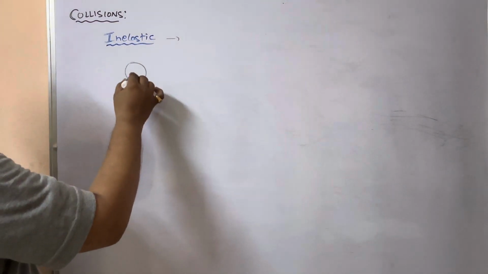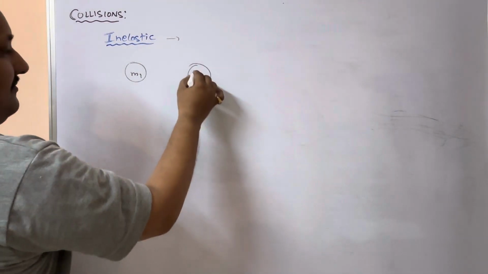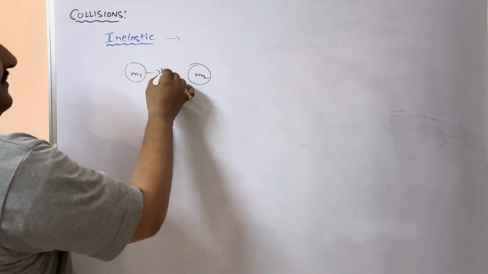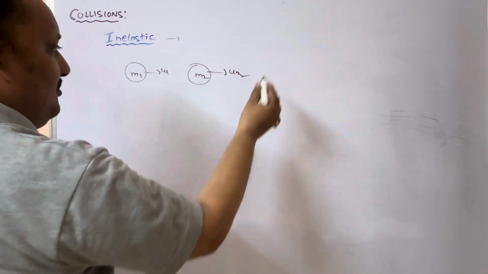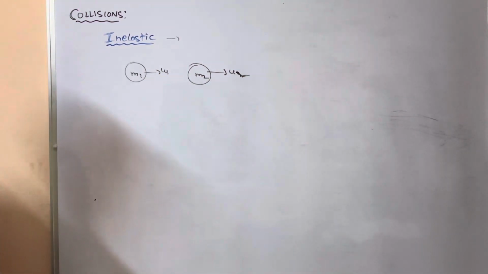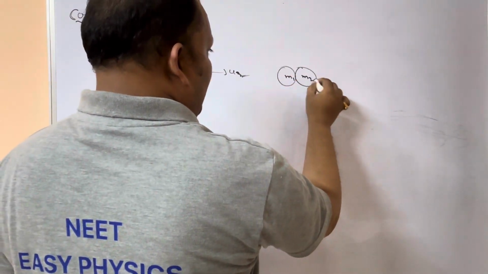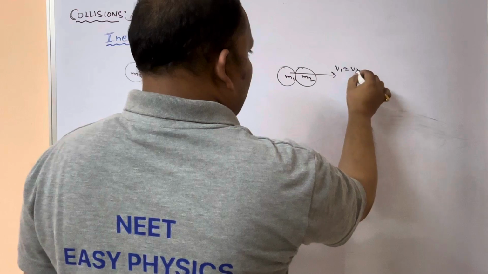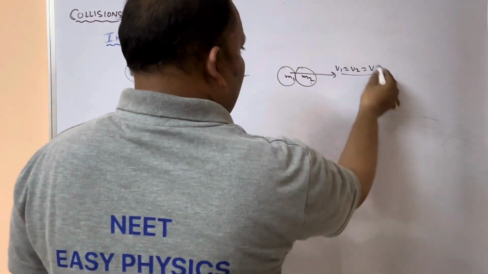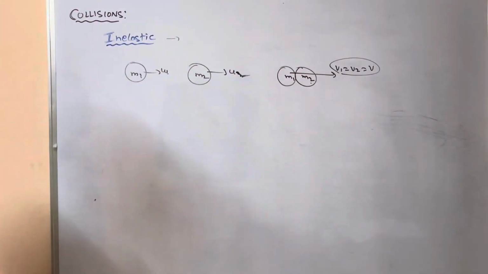Generally we take two objects, m1 and m2, with velocities u1 and u2. After the collision, both m1 and m2 move with the same velocity, which is nothing but the common velocity.